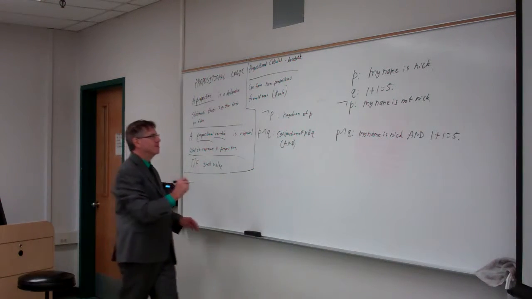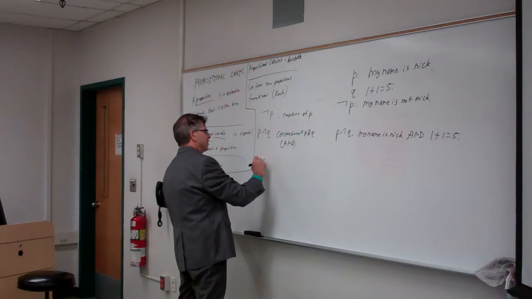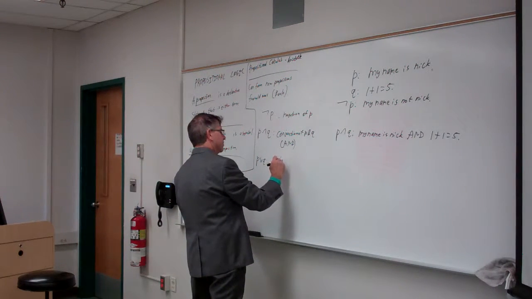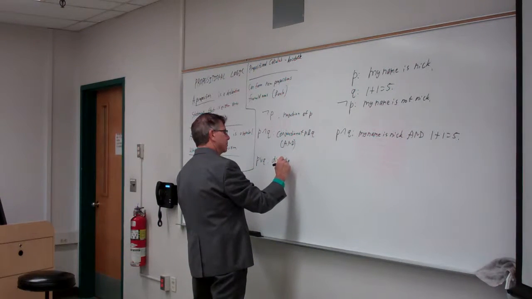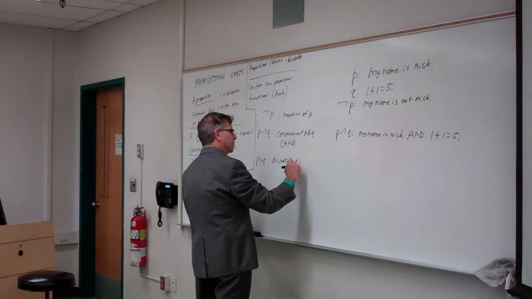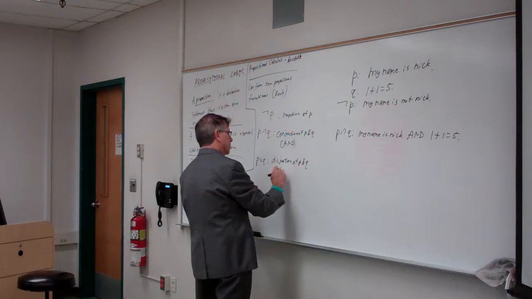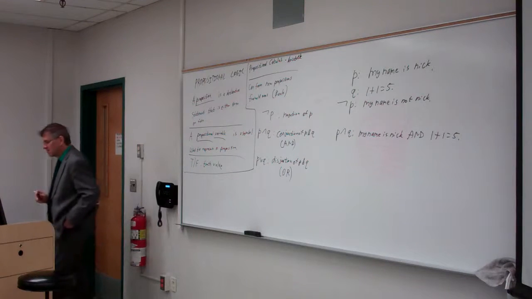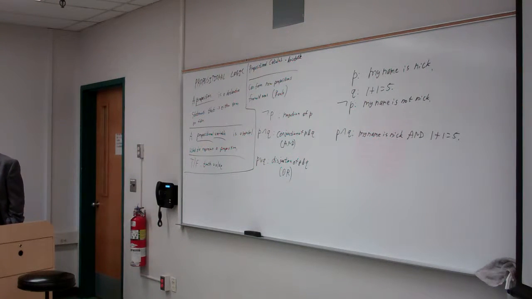English is wonderfully ambiguous. The V symbol, that's a disjunction or an or.